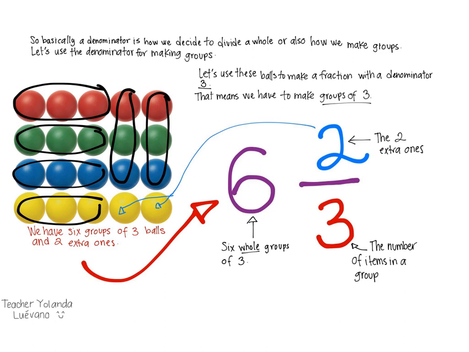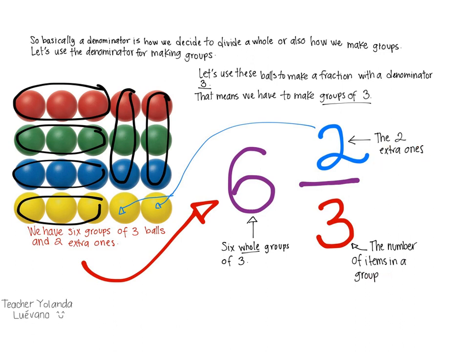They are not enough to make a group of 3. So we have 6 groups of 3 balls and 2 extra ones. These would be represented like this: 6 whole groups of 3, the number of items in a group, and the 2 extra ones.